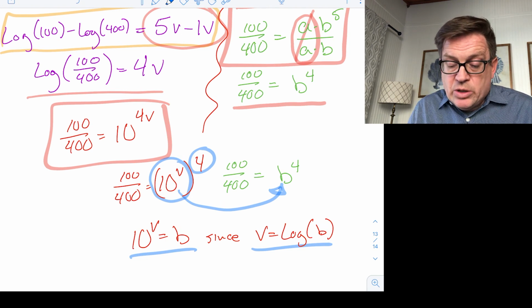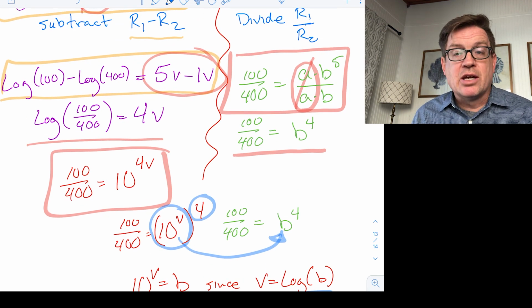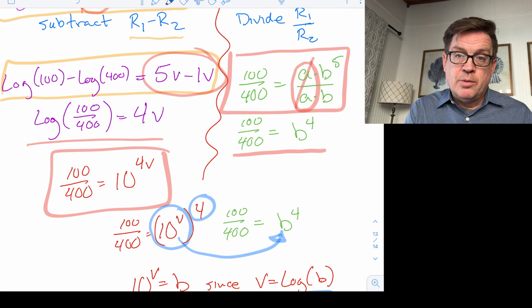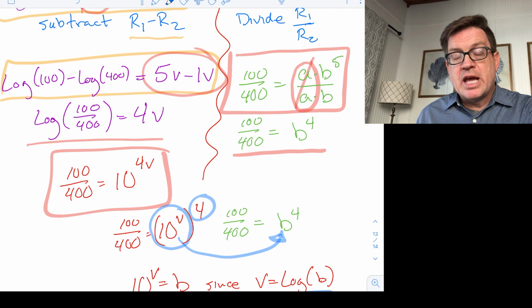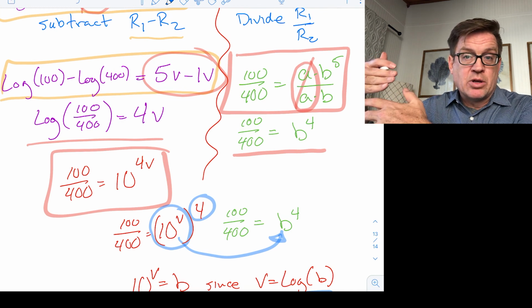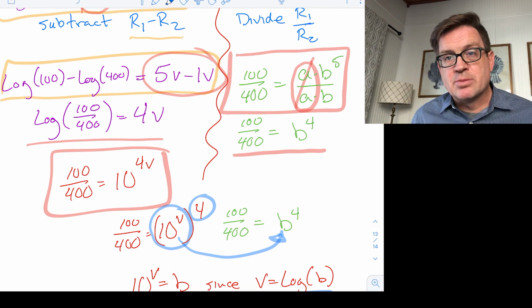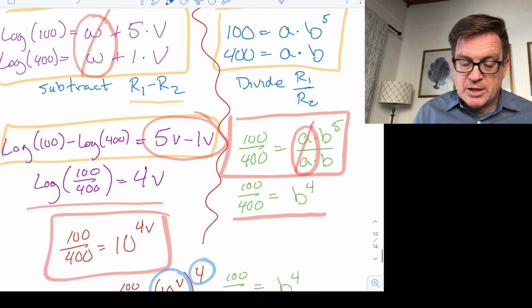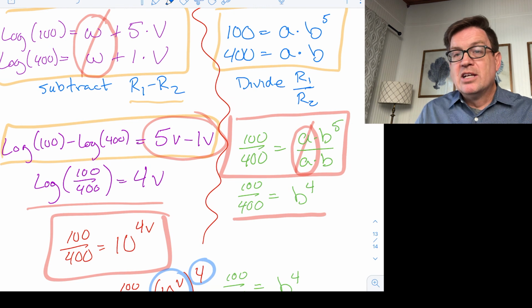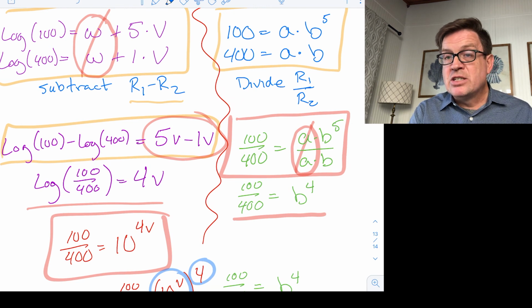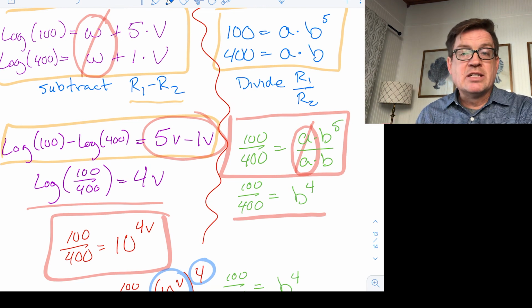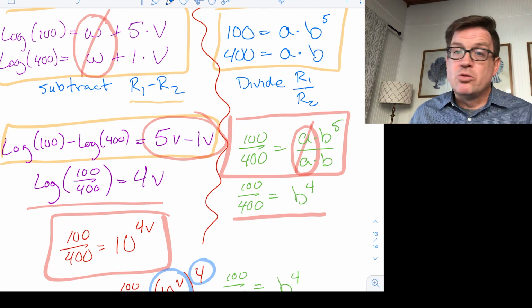And so these two equations are exactly the same thing. One is done in logarithm form, where you subtract logarithms, and the other is done in exponential form, where you divide exponentials, so you subtract their exponents. And everything cancels out the same way. In one case it's a subtraction with the logarithms, and in the other case it's multiplication and division with exponents. It's very cool how they connect.